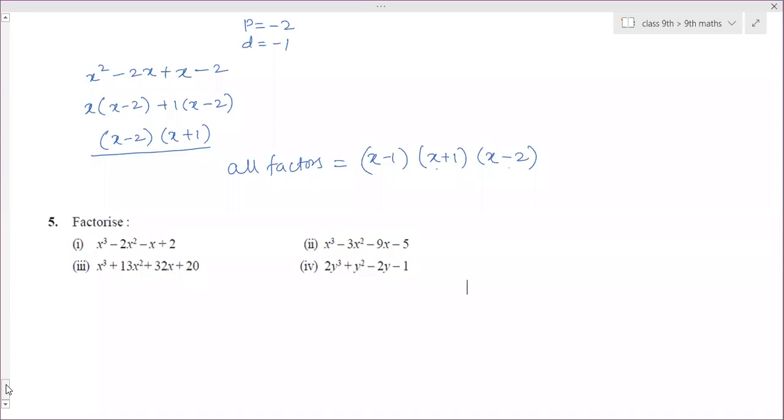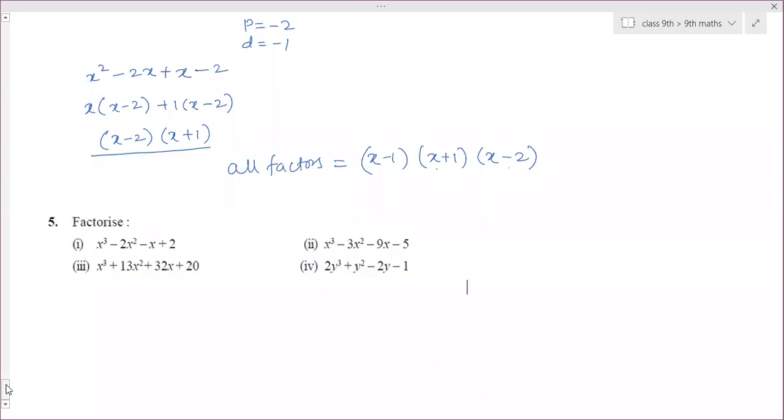Check with minus 1. Ma'am, if x is equal to minus 1 is the zero for p(x), then g(x) will be x plus 1, right?